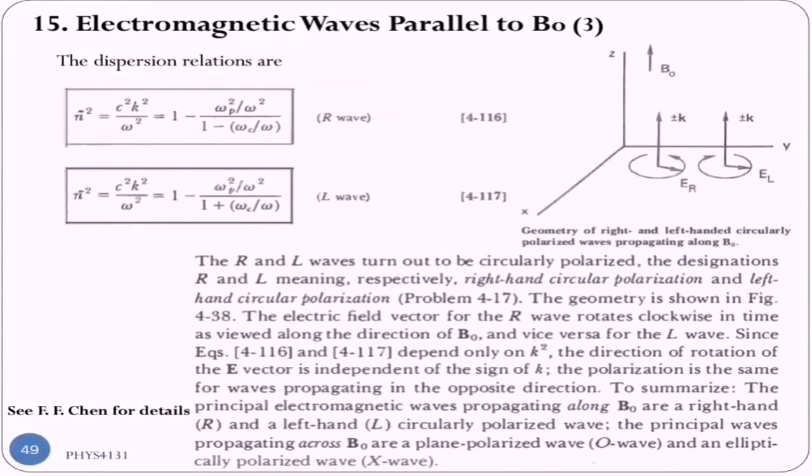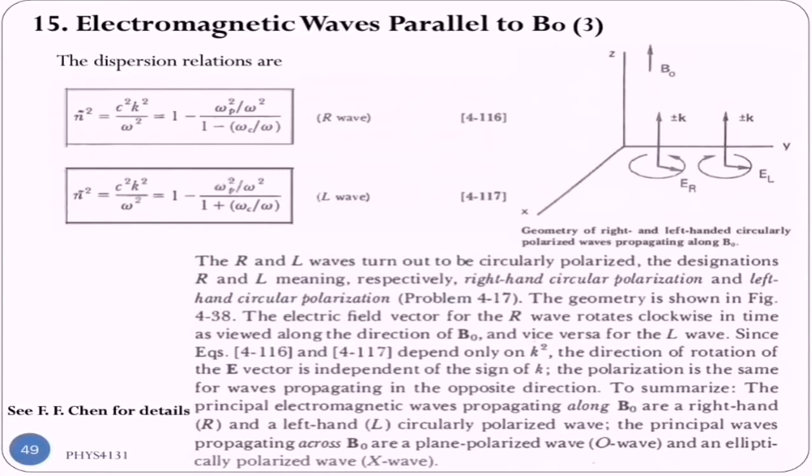Since these two equations depend only on the value of k squared, the direction of rotation of the electric field vector is independent of the sign of k. We observed that the polarization is the same for waves propagating in the opposite direction. Let's summarize this.